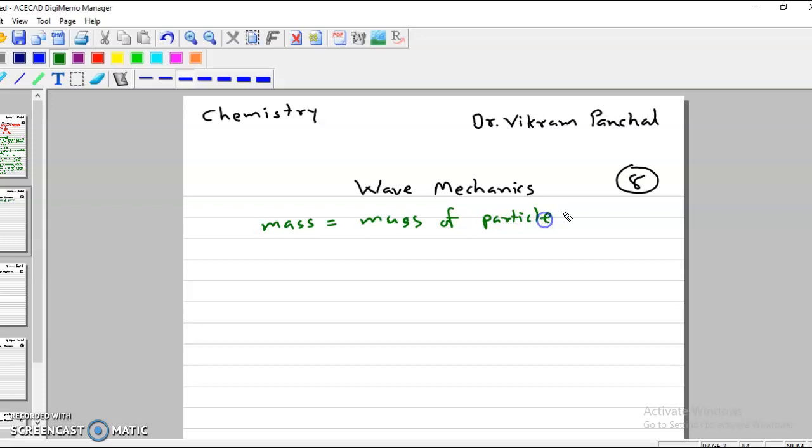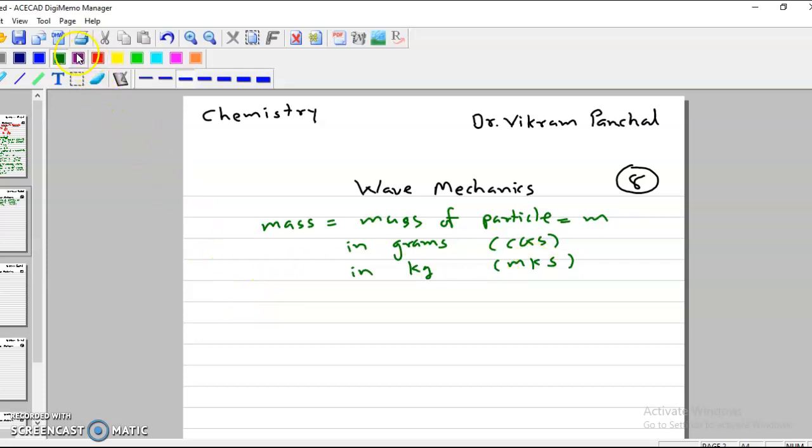For this the symbol is m, and this mass can be in grams, which will be in again CGS unit, and in kilograms, which will be in MKS unit. So we can use any one of these according to what is given in our numericals. Okay, the value of all this is very important.